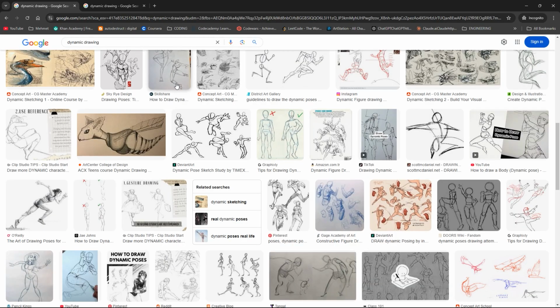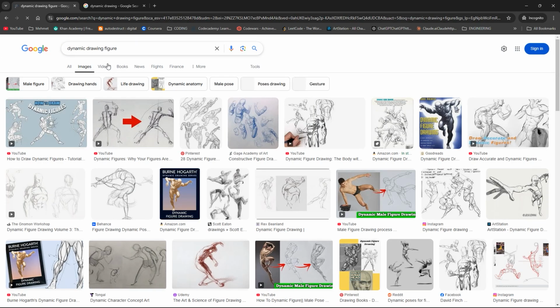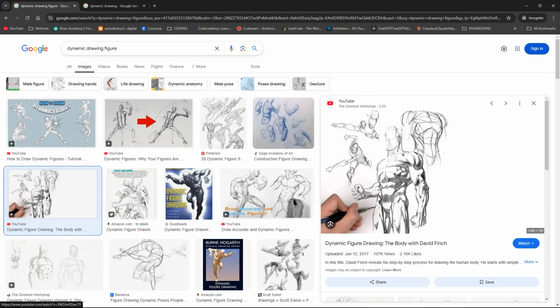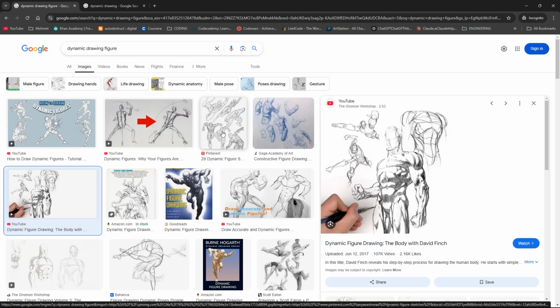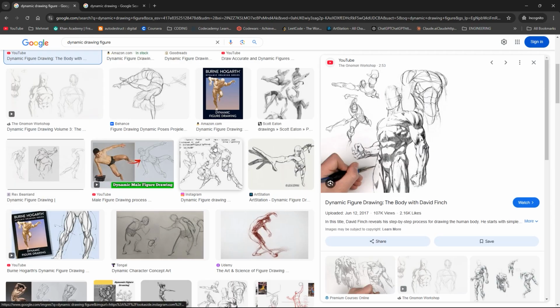And also, let's give a dynamic drawing figure. On the internet there is a lot of information and a lot of stuff from other artists. However, I suggest you learn from the best ones, because why not? If the artist is really good, they have a lot more to teach you.